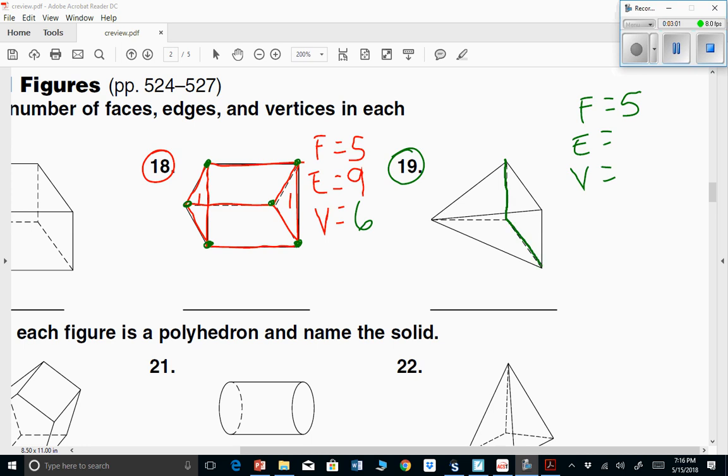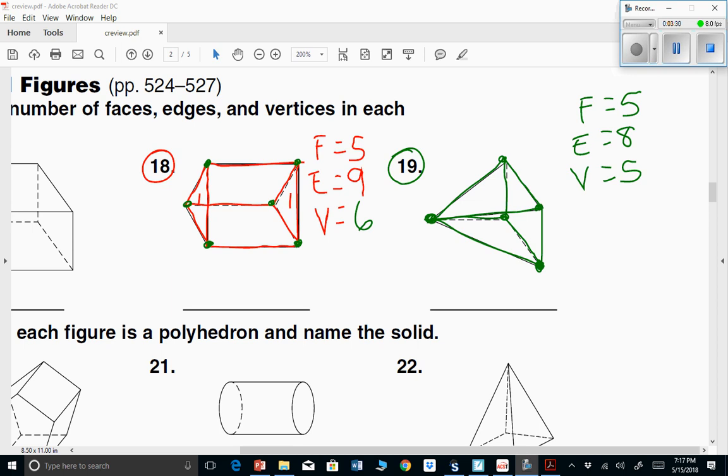We've got 4 lines there, and then there will be 4 more, bringing the pyramid to its point. So there are 8 edges, and then the vertices are the sharp points where 3 or more faces or edges come together. So we got 1, 2, 3, 4 around the base, and then with the pyramid, there's just 1 more at the top. Makes 5.